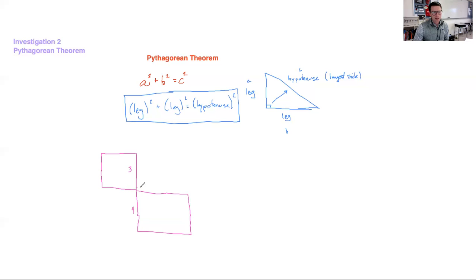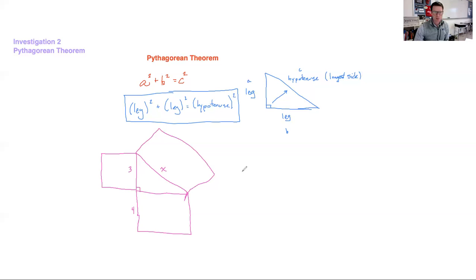If they form a right angle here, then the distance between here and here, that side squared will equal the sum of these squares' sides squared. So let's see if we can find what this side is.